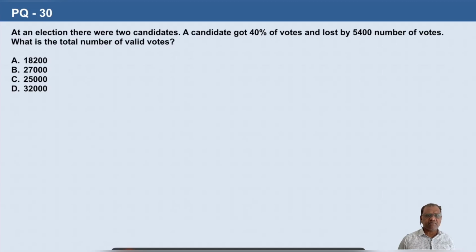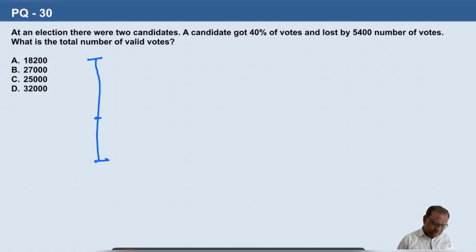Question number 30. At an election, there were two candidates. A candidate got 40% of votes and lost by 5,400 votes. What is the total number of valid votes? Similar question again. Draw a vertical line to denote the total number of votes.